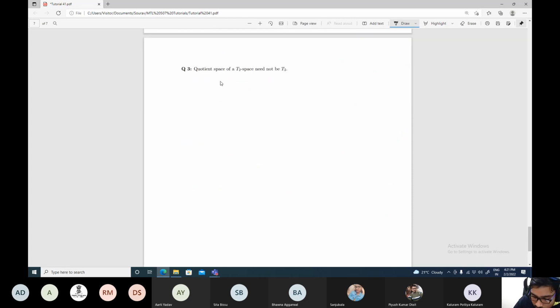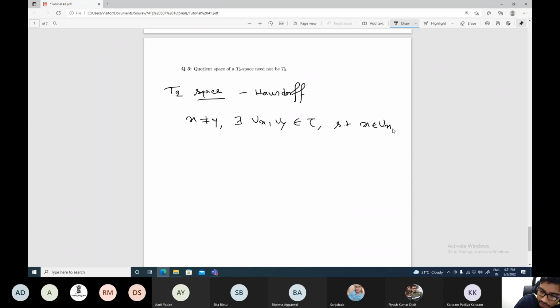A quotient space of a T2 space need not be T2. What is a T2 space? Yes, Hausdorff, right? For all x not equal to y, there exist two open sets with x belongs to U and y belongs to V, so that the intersection is empty. Yes, Ux, Uy open sets belonging to tau such that x belongs to Ux, very good, y belongs to Uy.